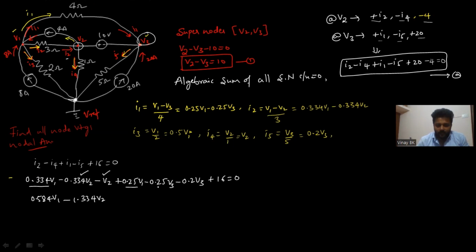Then V3, minus 0.25 minus 0.2, that is minus 0.45 V3, plus 16, and on the right side it becomes minus 16. This is equation number 2. You already have equation 1, so now equation 2.